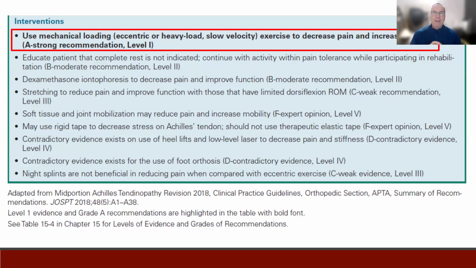But yeah, use mechanical loading, eccentric or heavy load, slow velocity exercise to decrease pain and increase function. And that was indeed the correct answer. And then you can see some of the lower level evidence that were the other answer choices here too.